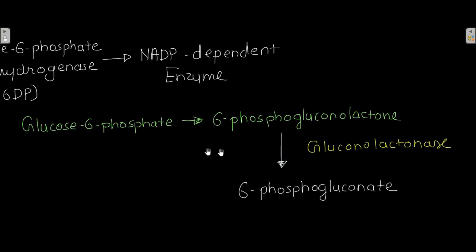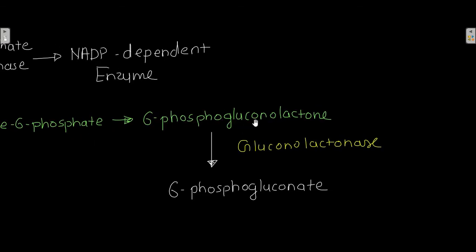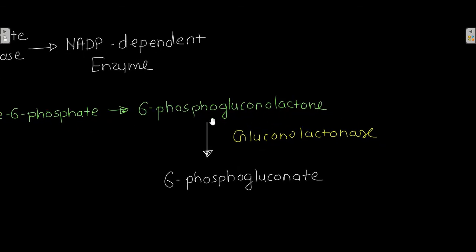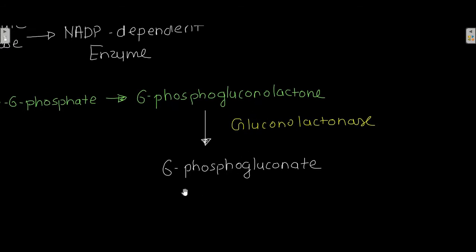So you start with glucose 6-phosphate, which is converted into 6-phosphogluconolactone, and then into 6-phosphogluconate.